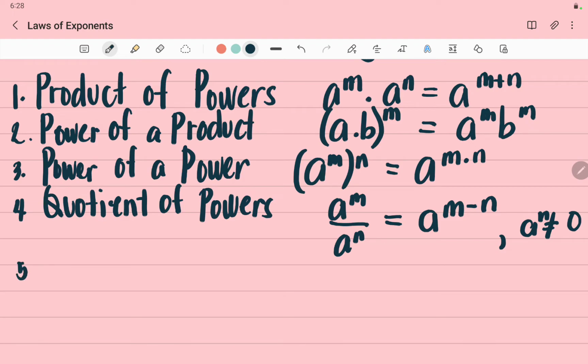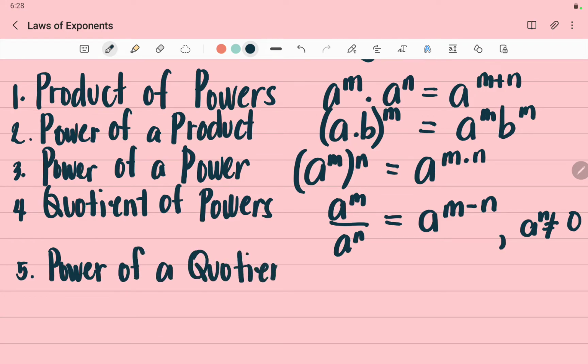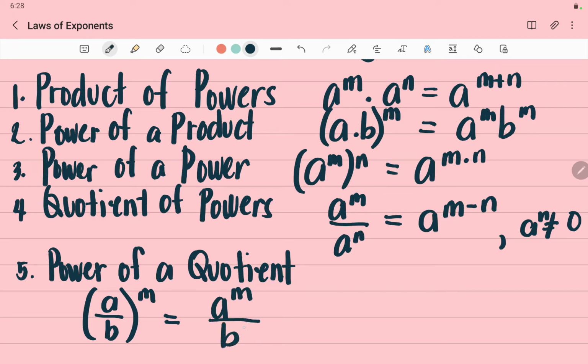Okay, number 5, power of a quotient. In power of a quotient, let's say we have (a over b) raised to m. Just distribute the exponent. So a raised to m over b raised to m, provided that b is not equal to 0.